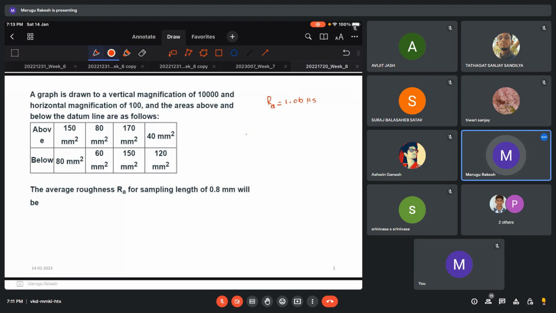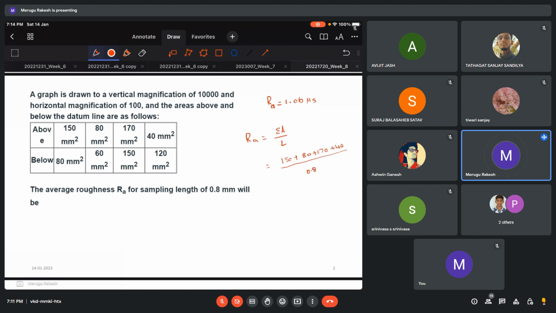So we stick to the basic formula, that is, summation of areas divided by the cutoff length. So here we have to sum up all the areas, divided by the cutoff length, which is 0.8.